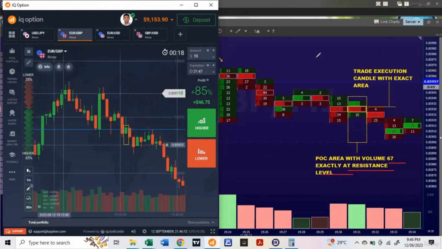Yes, resistance level. When the market is below and this POC point is a little above, it will act as an SNR or resistance level. So when the next candle came here and got rejected from that point, it reversed down.